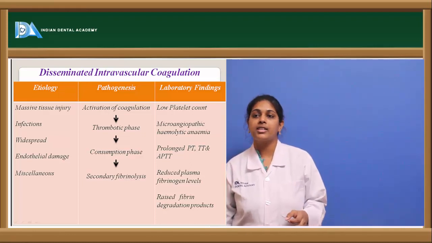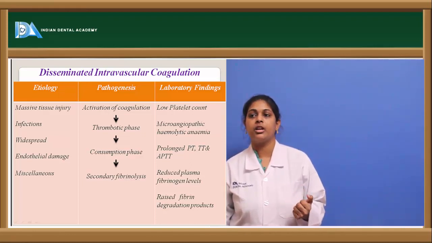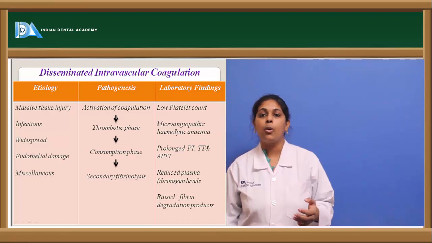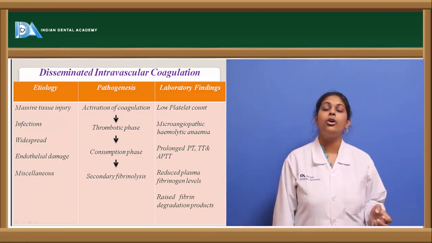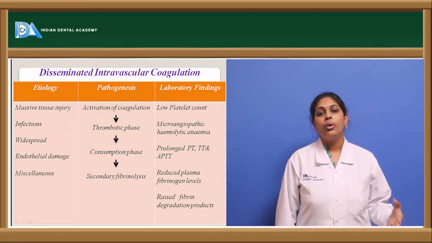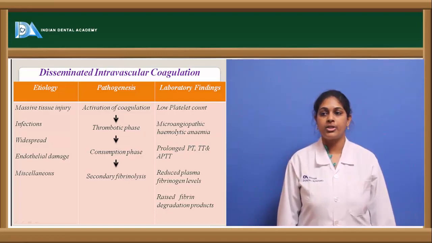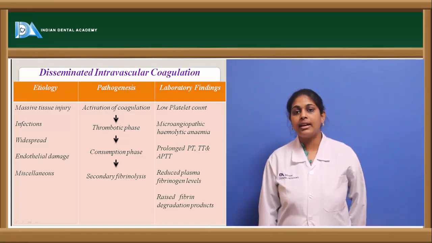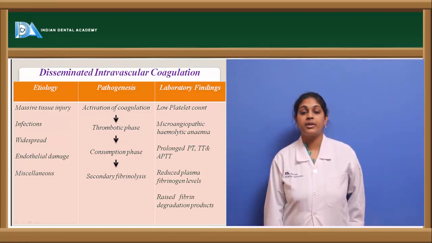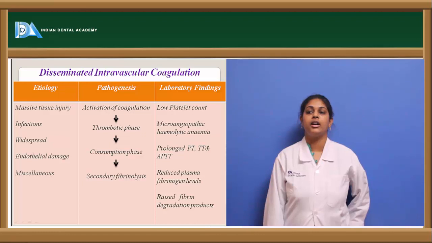The laboratory findings in a patient suffering from disseminated intravascular coagulation include a low platelet count, that is the platelet count is decreased below 1,50,000 per microliter, and this condition is known as thrombocytopenia. Other than that, anemia is seen, that is the patient might be suffering from microangiopathic hemolytic anemia.